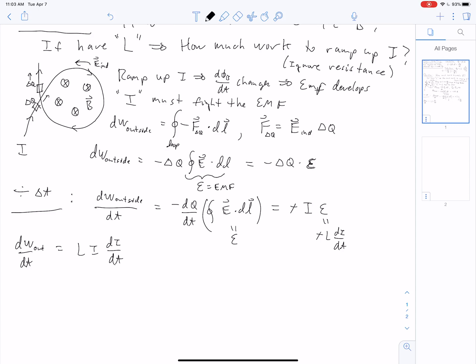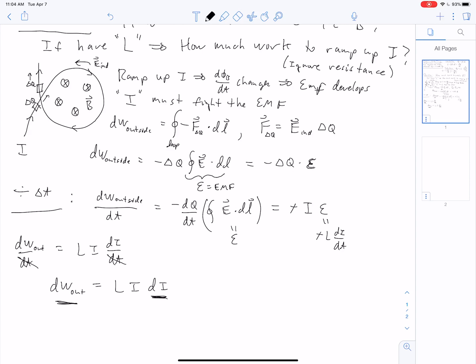Then we can just knock off these little dt's, we divided by them, so we can get rid of them. And so we have this simple expression: the little bit of work that it takes to increase the current by a little bit di. This is how much work it takes to increase the current by this amount di.